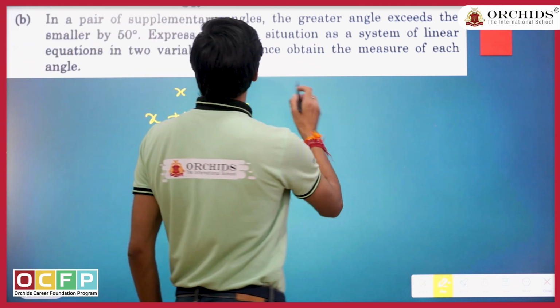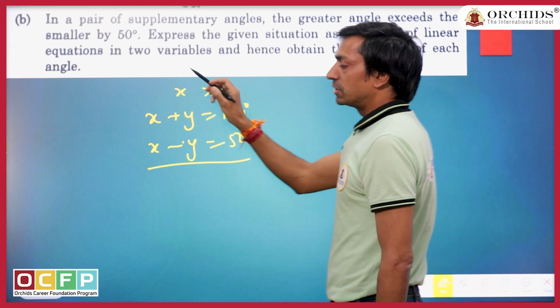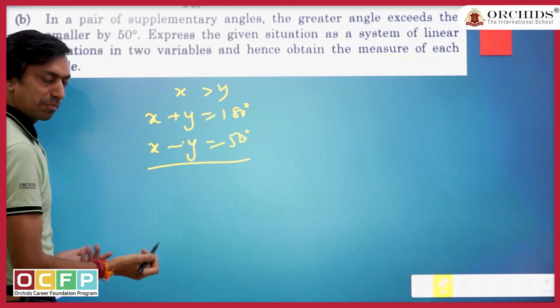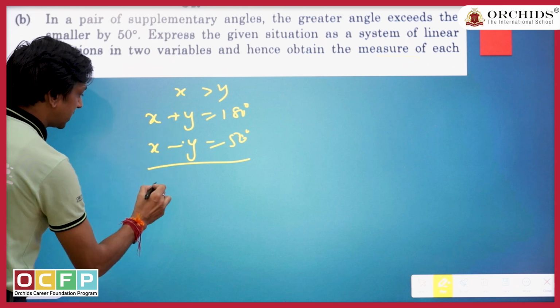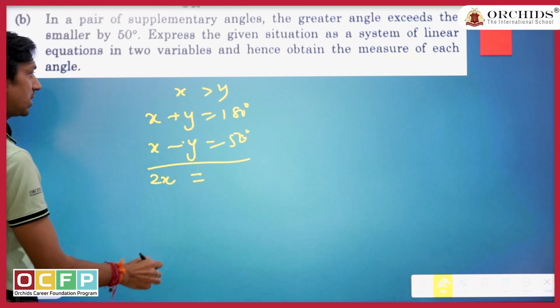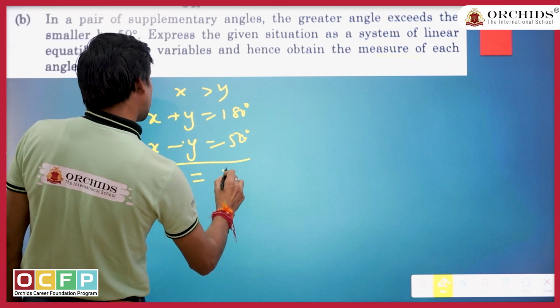Now we have to find the measures of these angles. It is a simple equation, so add them. We can add or subtract, that is your choice. If you add, you will get x plus x is 2x, y minus y is 0, and 180 plus 50 gives 230.